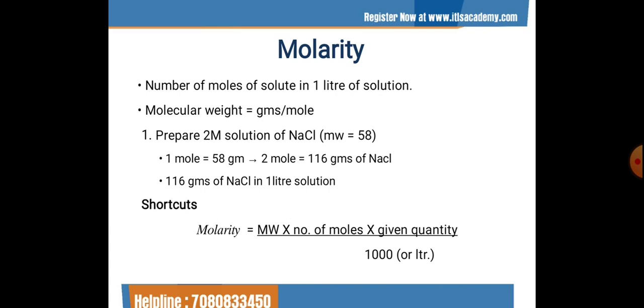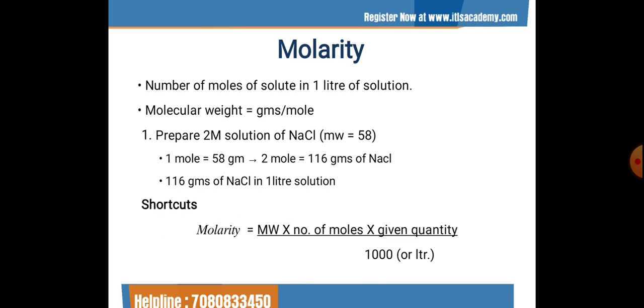When the molecular weight, 58 grams, is dissolved in 1 liter, it will make a 1 molar solution. I have told you that whatever the moles of solute dissolved in 1 liter of solution, suppose we want to make a 1 molar NaCl solution of 1 liter, then 58 grams of NaCl dissolved in 1 liter of solution will make the 1 molar solution of NaCl.